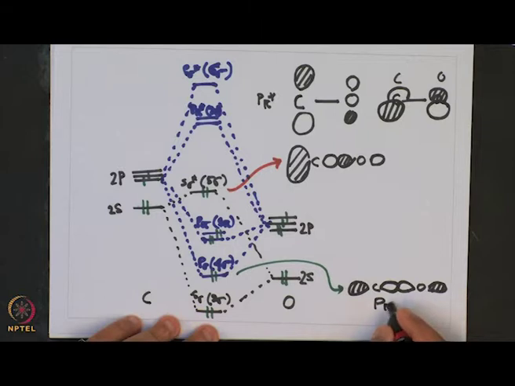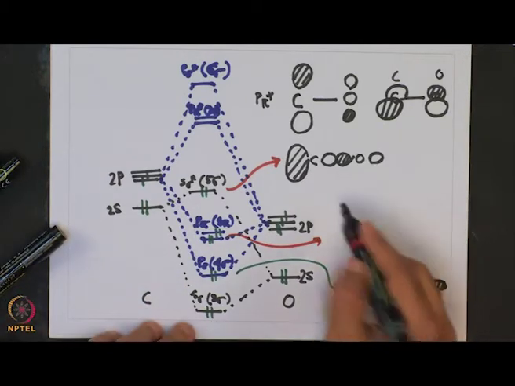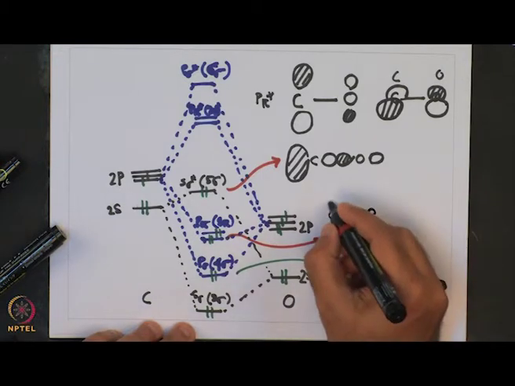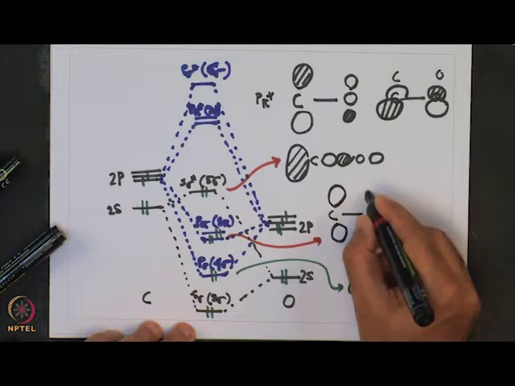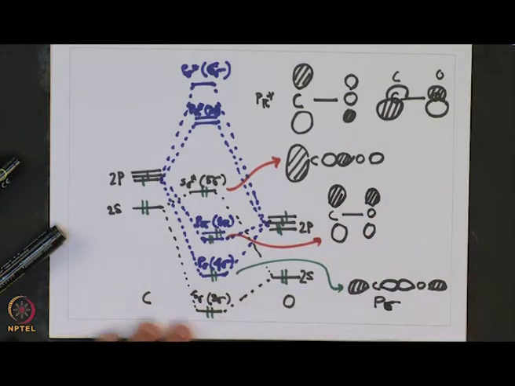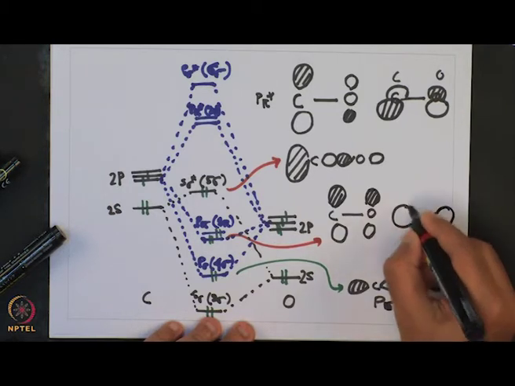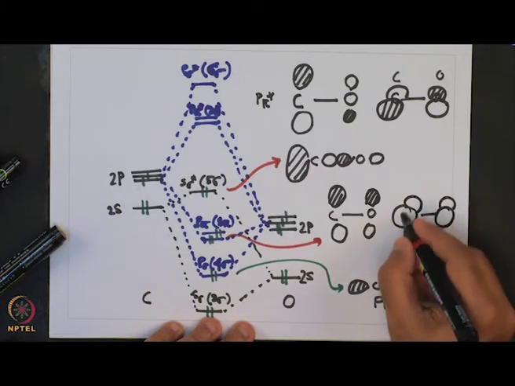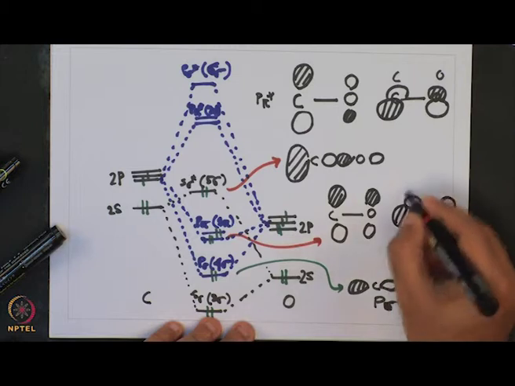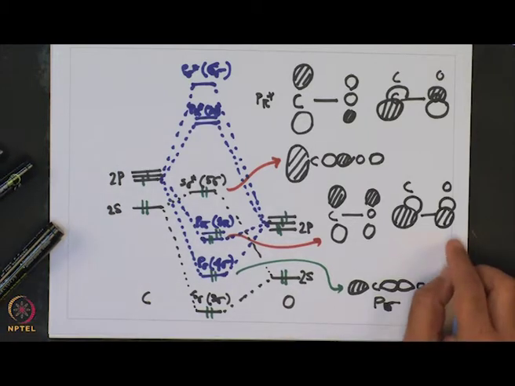This is the P sigma orbital, and the corresponding P pi orbital would look like this. So, this is the corresponding pi orbital.